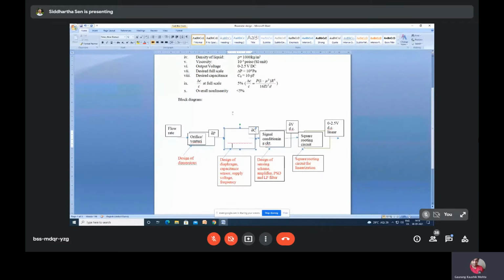So multiple tasks are involved. One is the design of the orifice, what the orifice dimensions would be, and you need to draw it, if possible by hand itself, by sketch itself. The orifice or venturi has certain standard design dimensions.